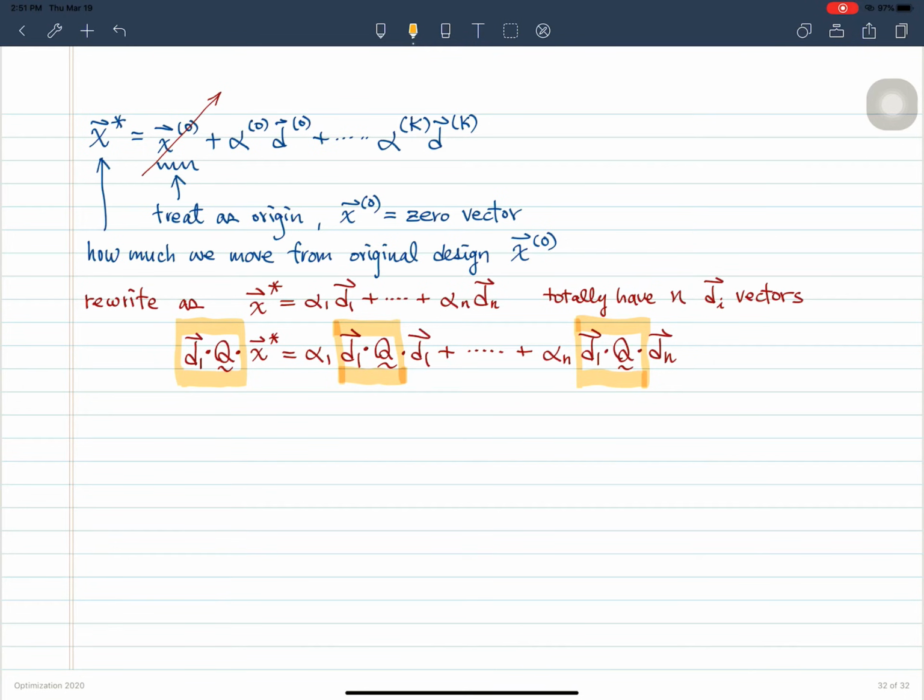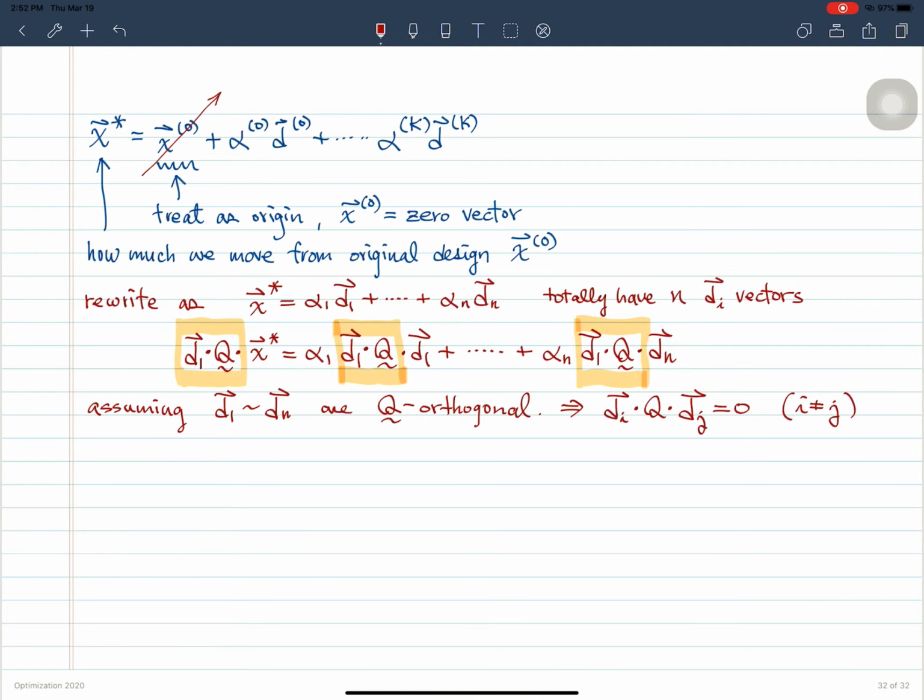So what will happen is, assuming D1 to Dn are Q orthogonal. If they are all Q orthogonal, what does that mean? That means every Di dot Q dot Dj, for i doesn't equal j, equals 0.